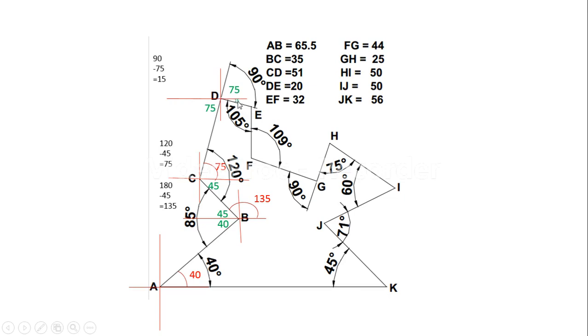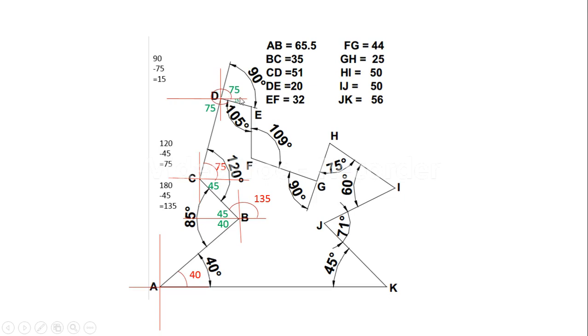Now which angle do I need? I need the angle DE made from the horizontal x-axis in the anti-clockwise direction, from here to here. As I discussed in the previous slide, the total angle here is 360 degrees. So if I need the angle from this red line to this black line, I should remove 15 from the total.